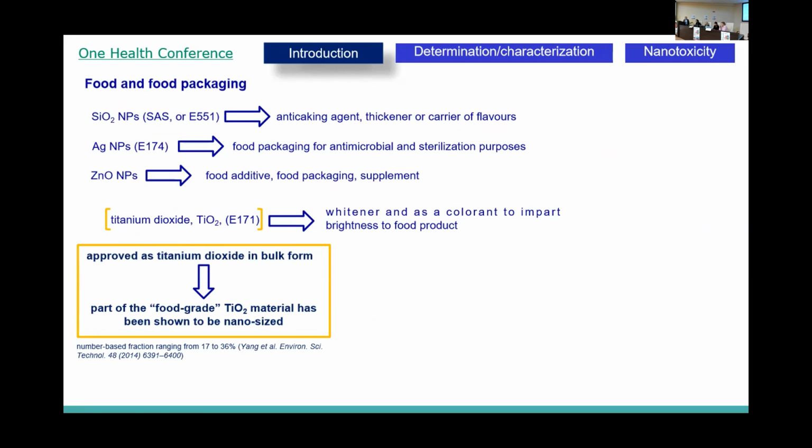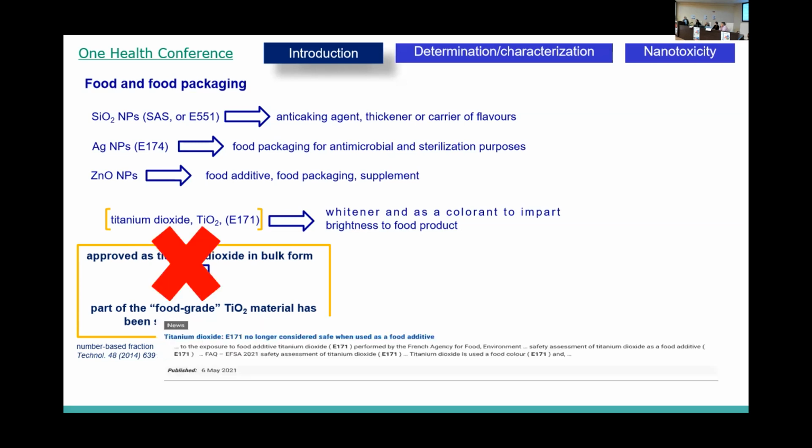As you know, this titanium dioxide has been banned recently by the European Commission. It has been proved to be genotoxic, so it is not recommended as a food additive.